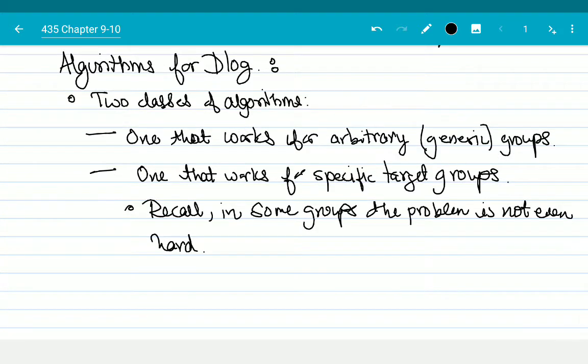So we only want to care about harder groups, but even then, this works for a special kind of group.